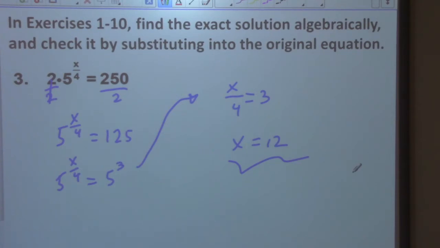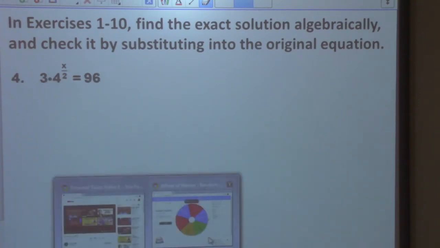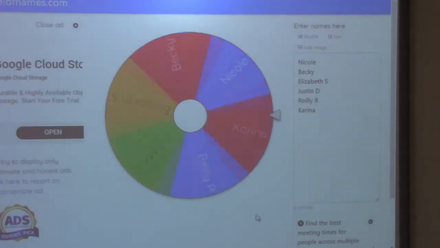Some things are hard, like Elizabeth, to have a boy's name for Elizabeth, that somehow doesn't work, does it? Elizabeth, Eli. Oh, Eli, yeah, that's right. Alexander. Yeah, okay. You look like an Alexander. Nicole is Brian. Literally Nicholas. Let me pick somebody else. That's a nasty name.